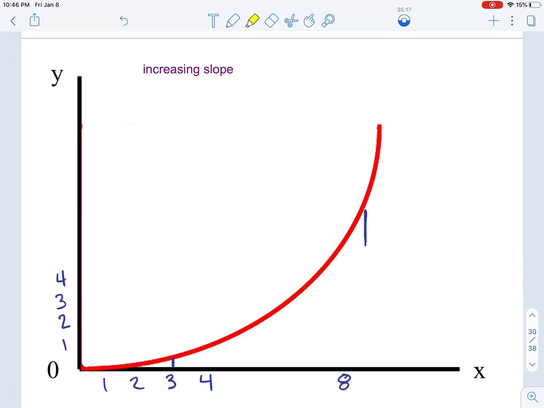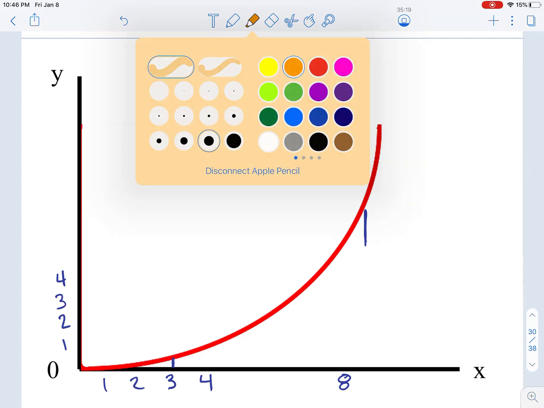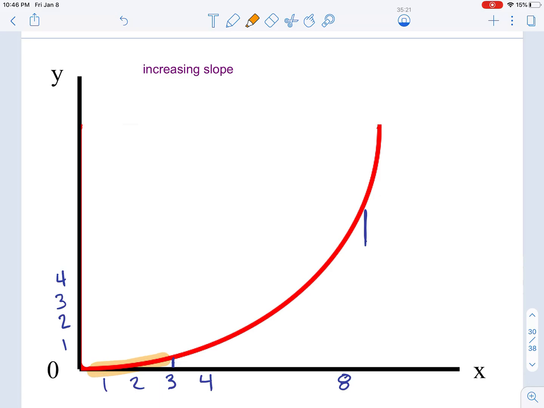So if I am analyzing the slope of my line at this portion of the graph, that is a very low grade incline, that is not very steep. As I move along the graph, that is definitely a steeper slope here. And then we're almost perfectly vertical by the time we get to the end on this example.